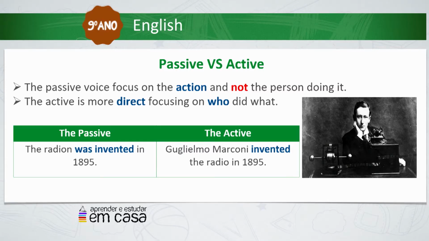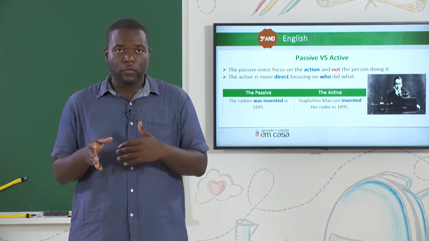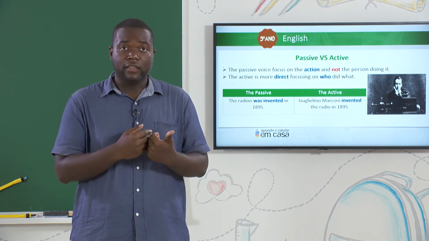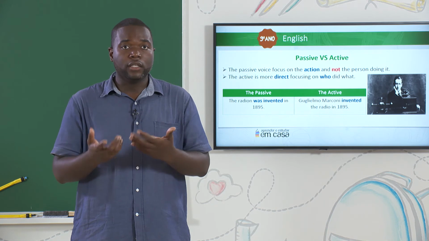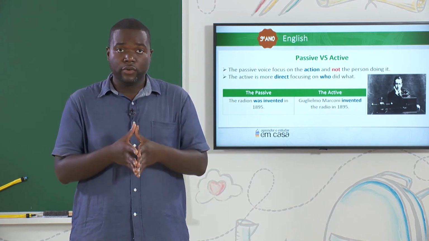The active is more direct, focusing on who did what. And the example is, Guglielmo Marconi invented the radio in 1895. Now, students, here you have the difference that I told you about, right? The active is more direct, and the sentence tells us who invented what. In this case, Guglielmo Marconi was the one that invented the radio.